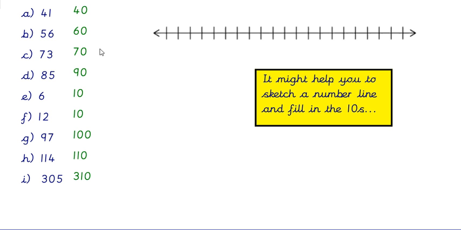And there you can see all of the numbers rounded to their nearest 10. It sometimes helps you, if you're trying to round numbers, to just sketch a number line and to fill in the tens so you can see where the number lies.